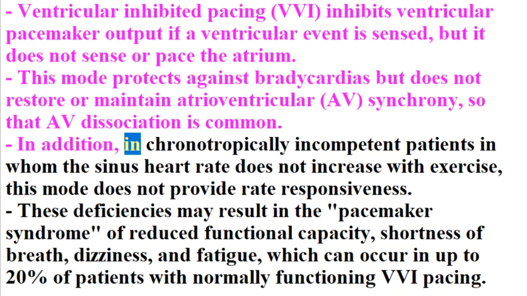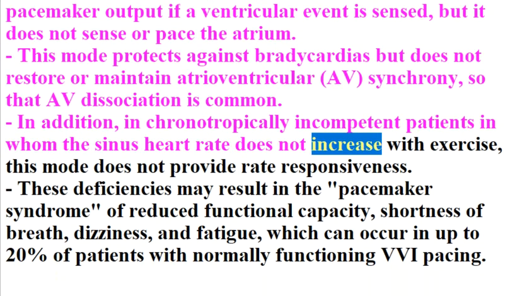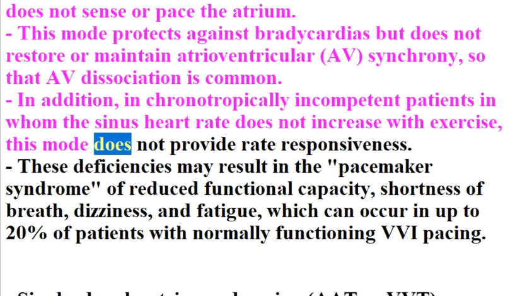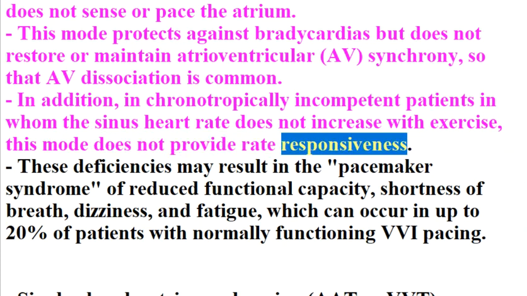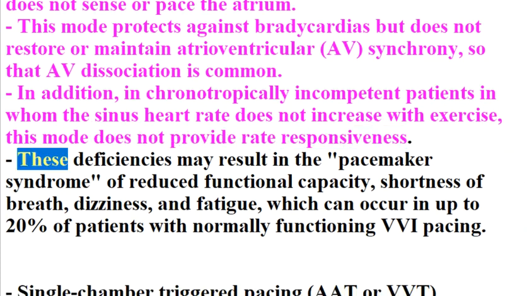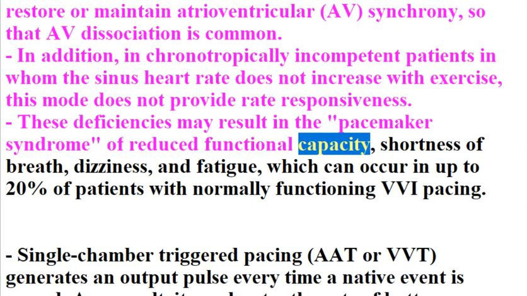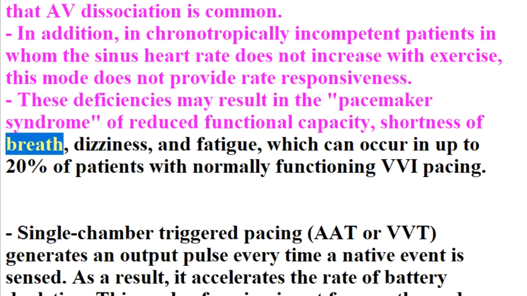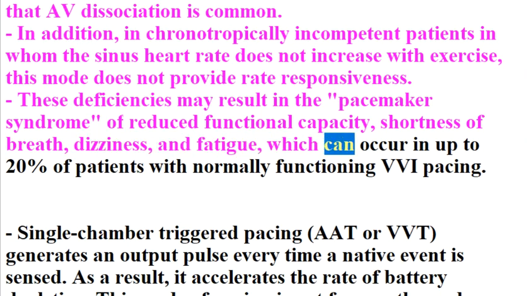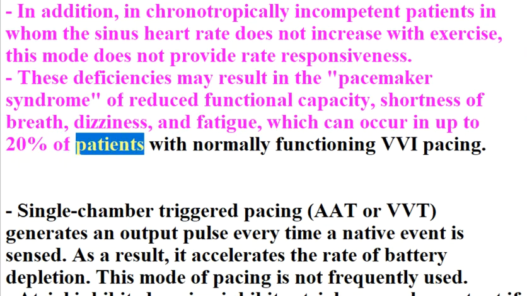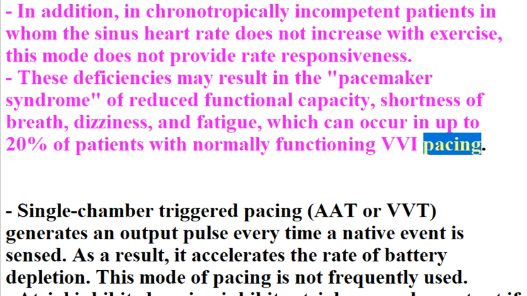In addition, in chronotropically incompetent patients in whom the sinus heart rate does not increase with exercise, this mode does not provide rate responsiveness. These deficiencies may result in the pacemaker syndrome of reduced functional capacity, shortness of breath, dizziness, and fatigue, which can occur in up to 20% of patients with normally functioning VVI pacing.